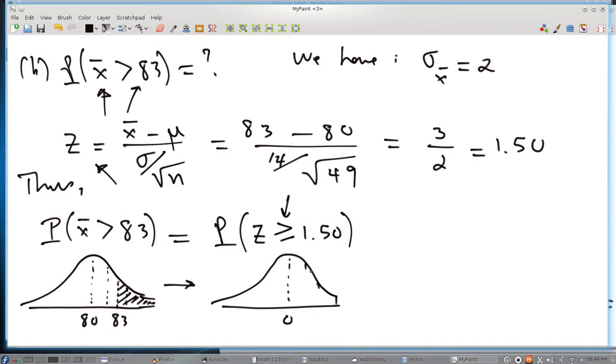A 1.5 is somewhere here, and the region we are interested in computing is this one right here. So obviously it's basically reflecting the original region in the original curve, except that you have the standard value to compute.